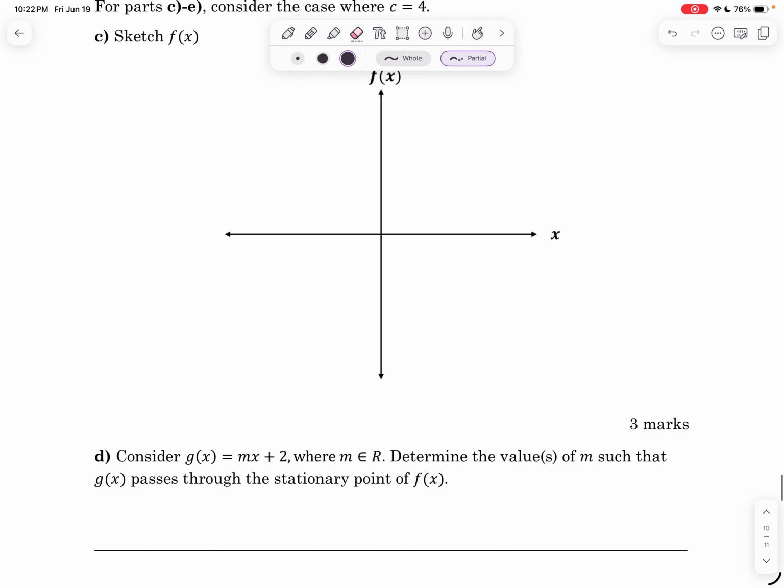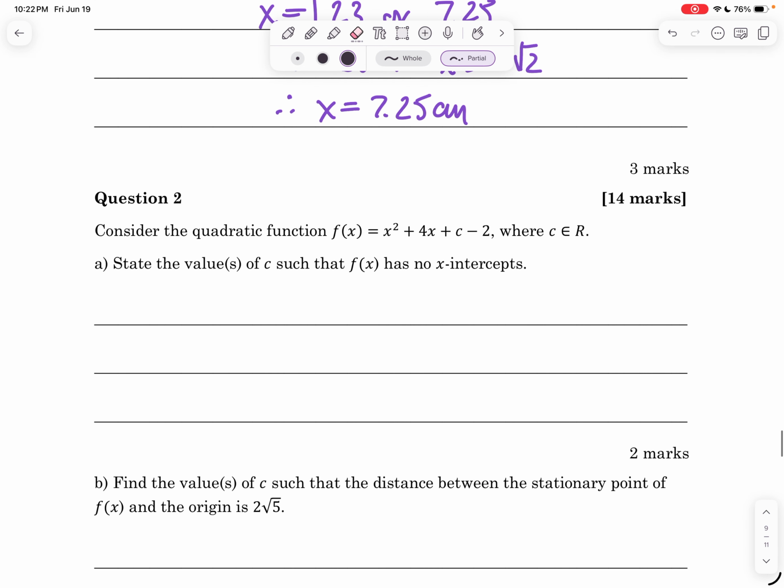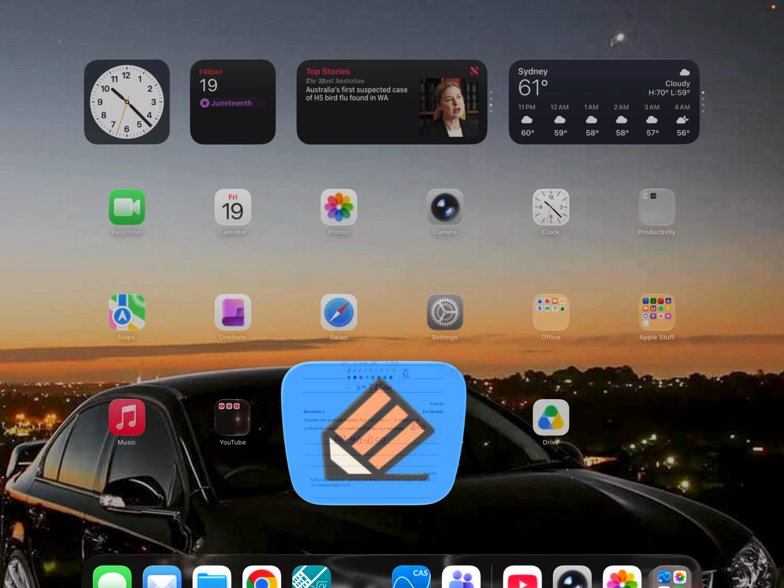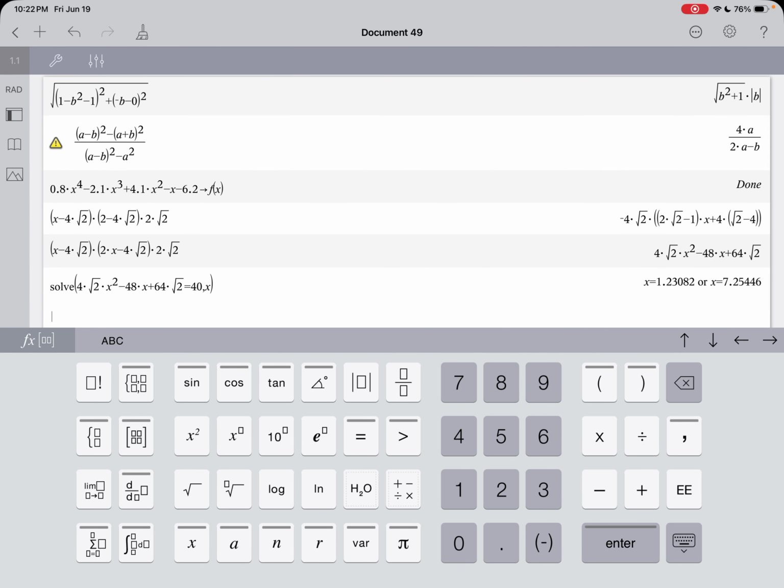Okay, consider that quadratic equation. State the values of c that has no x-intercepts. So the discriminant is less than 0 for no x-intercepts. So b squared minus 4 times a, which is 1, times c, which is c minus 2. That has to be less than 0. So you could just solve that in your CAS.